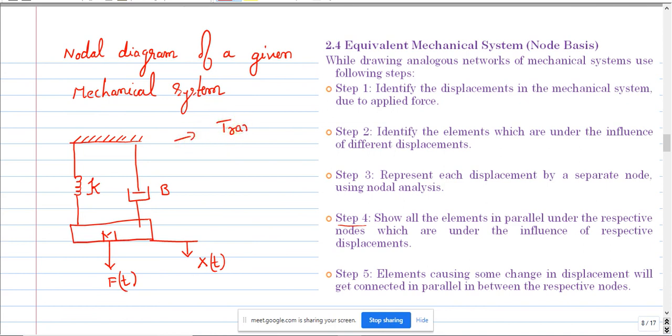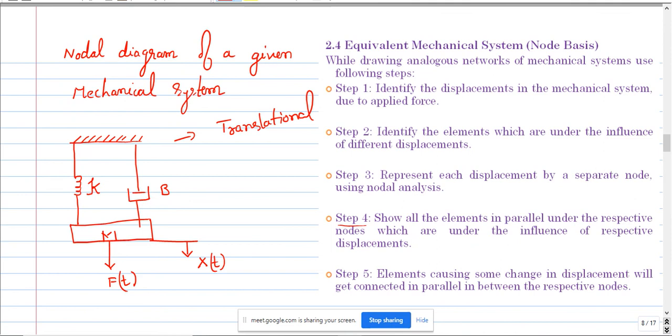It is subjected to translational motion. So here you will have mass, spring, friction, displacement. These terms will come into the problem. When it is rotational, it changes to inertia, spring, friction, angular displacement, angular acceleration, angular velocity.